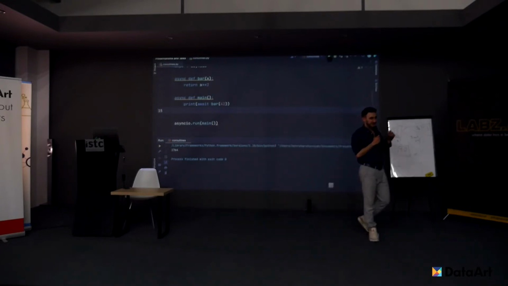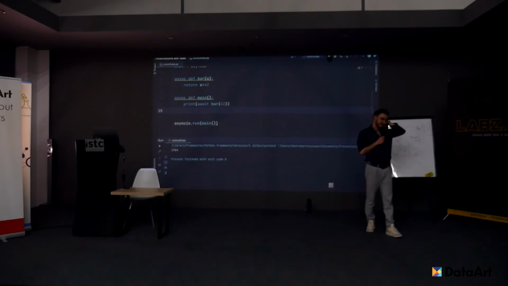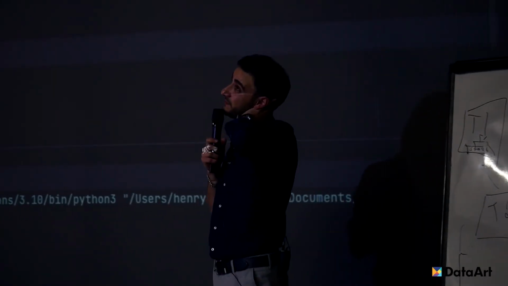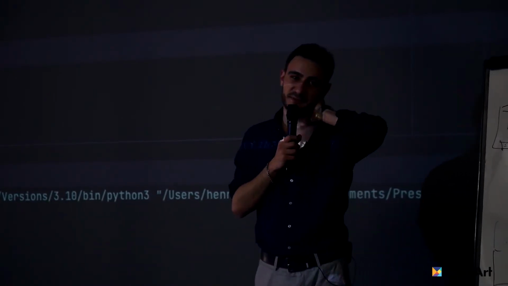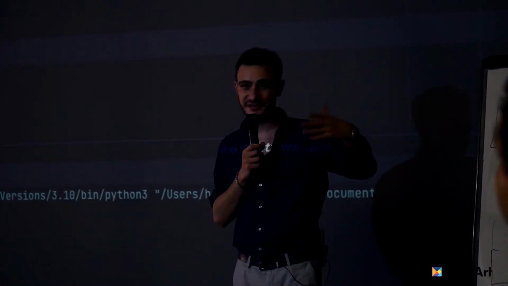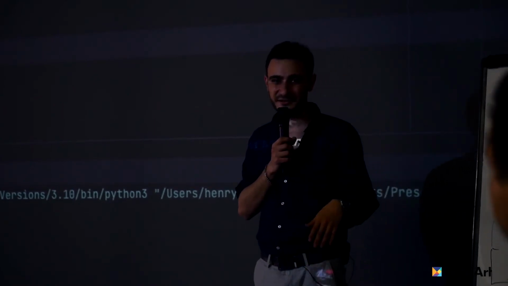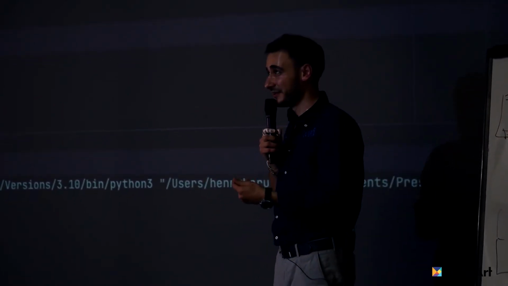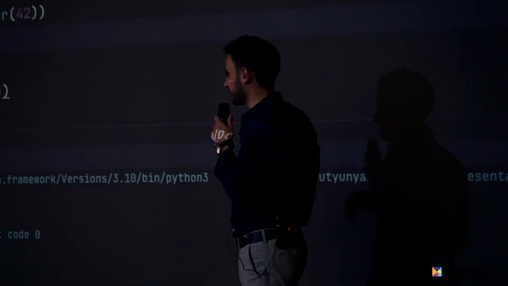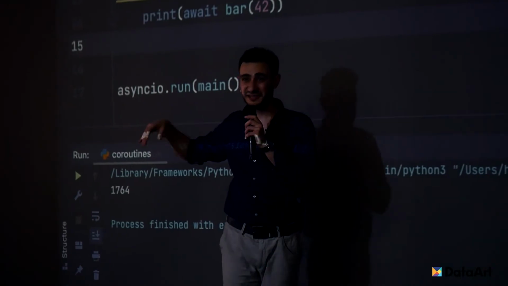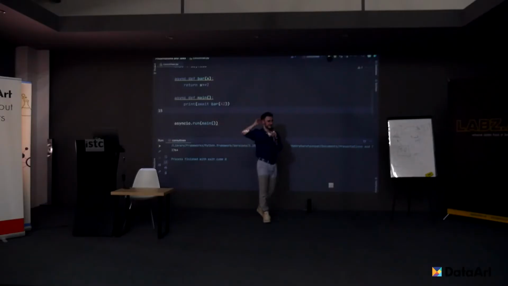Actually, after Python 3.7, you don't have to create the event loop because it's created automatically. Before 3.5 or 3.6, you had to create, or rather start, the event loop manually. Now you don't have to do it. Asyncio has a function called get_event_loop, if I'm not mistaken.